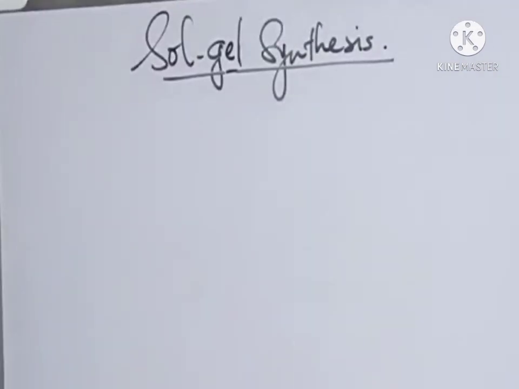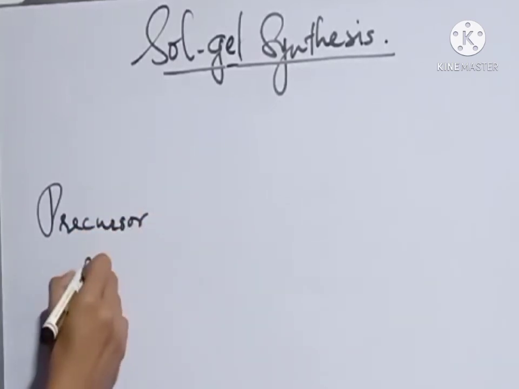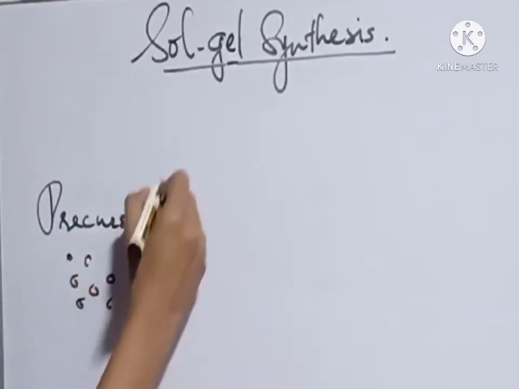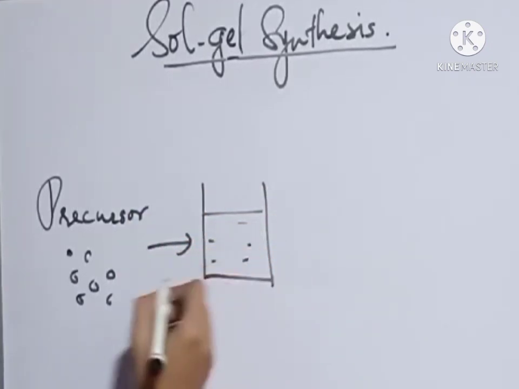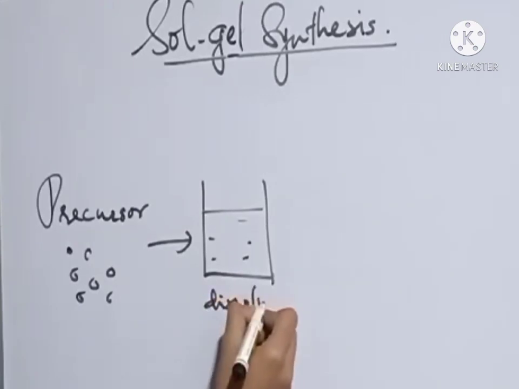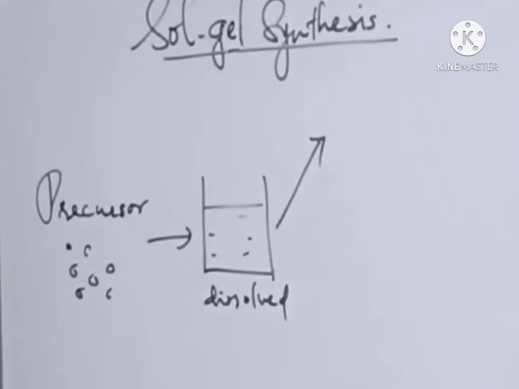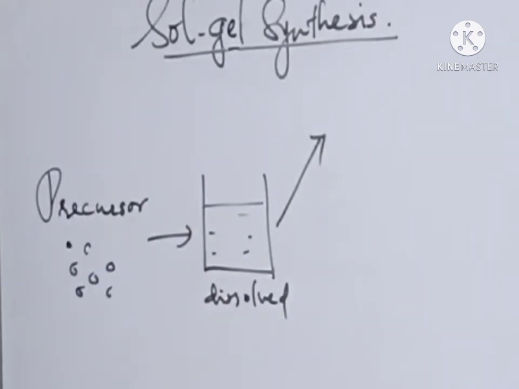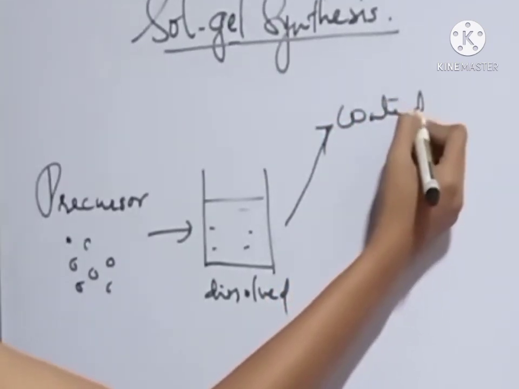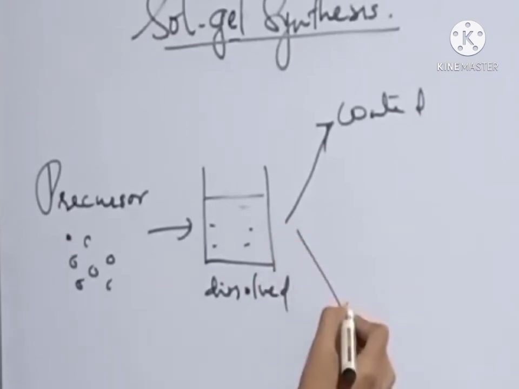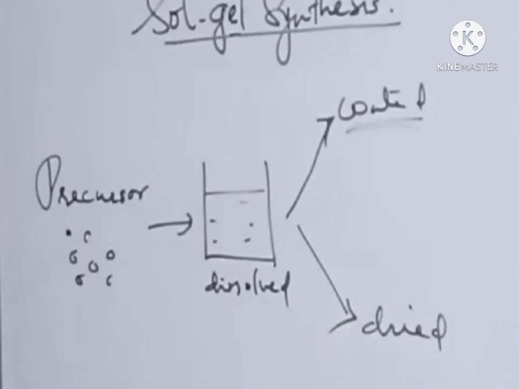In some other methods, the precursor is dissolved in a suitable solvent, then either it is coated on the surface of metals by dip coating or rotating coating methods, or it is dried and converted into gel.